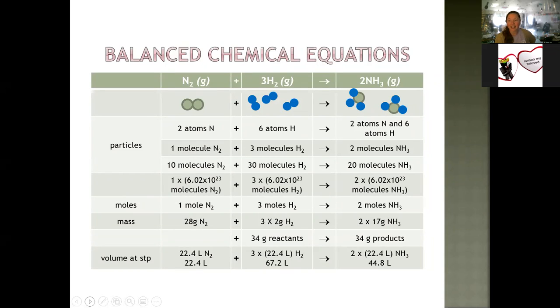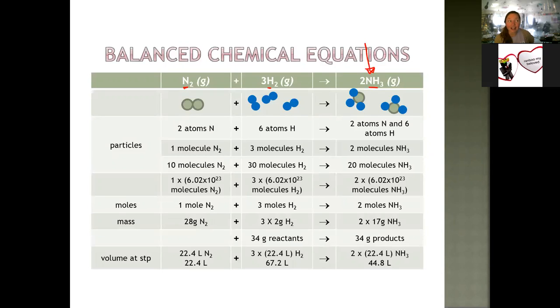So let's say that I'm looking at this equation where I'm taking nitrogen gas and hydrogen gas, and I'm making NH3. Anyone remember what molecule, what is our common name for nitrogen trihydride? What do we call it in everyday language? We use it to clean stuff.